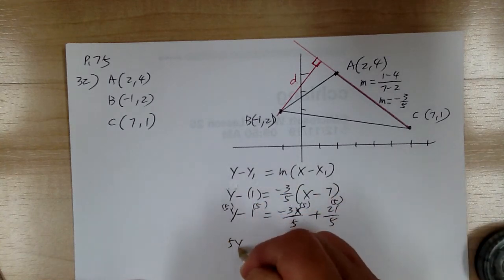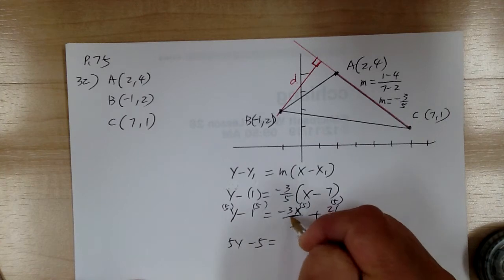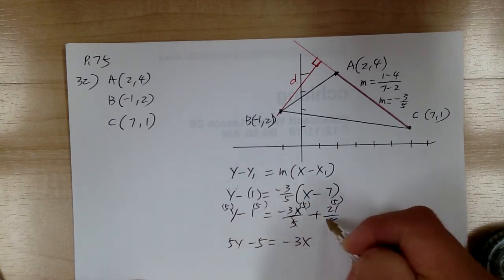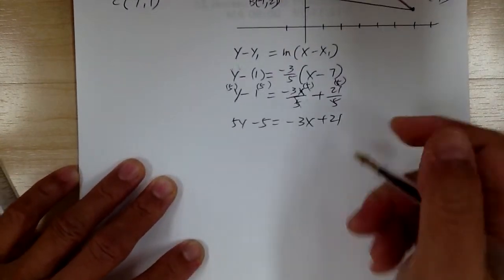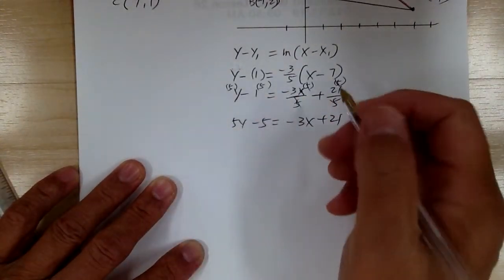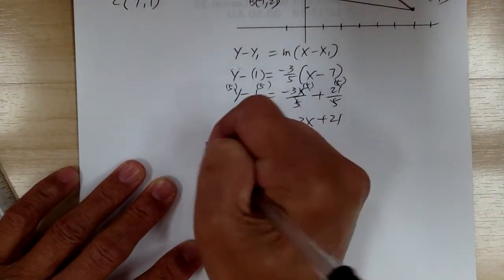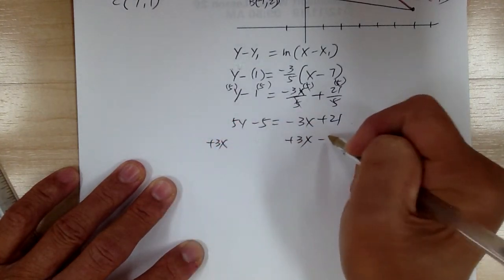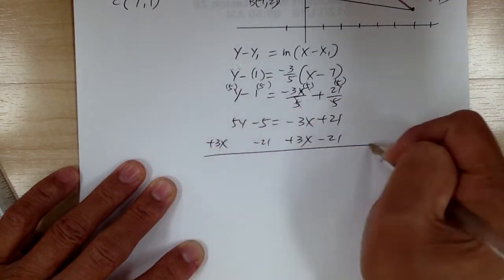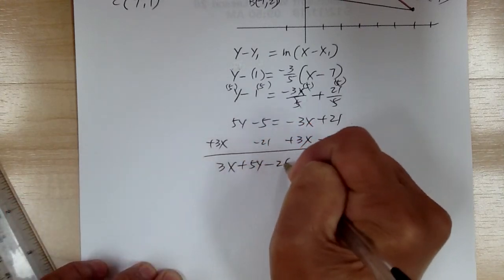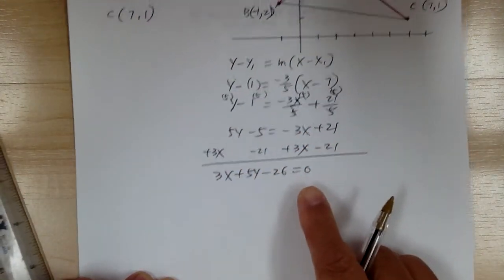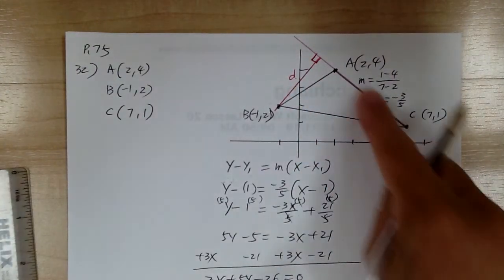So you get 5y minus 5 equal to negative 3x plus 21. Then I'm going to move to this side to make it into general form, so plus 3x, minus 21. So I get 3x plus 5y minus 26 equal to 0. So this is the equation of this line right over here.